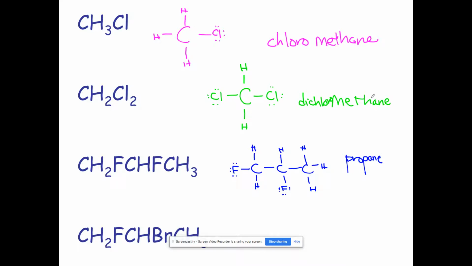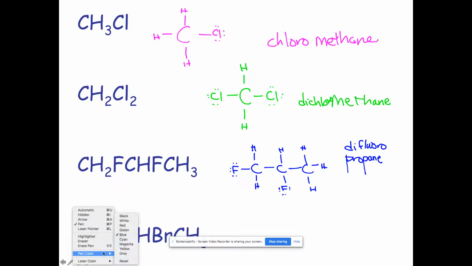Now, I have to look for my functional groups. I have a fluoro here and a fluoro here, which means I have a difluoro. And by the way, this can be one whole word. I just ran out of room. Now, the last thing we need to do is give a location of those fluoros off of which carbons, because if they are on the same one or different ones, it matters. We always give the numbers on the lowest ones possible.